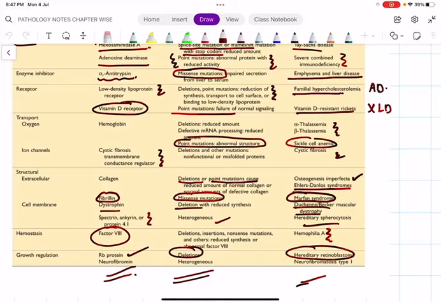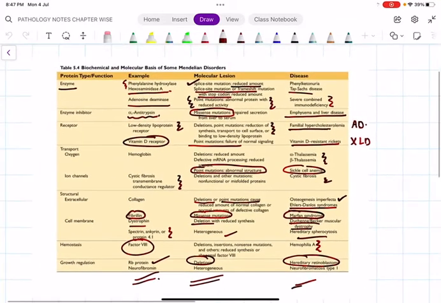So at last, the summary of this table, what I want to tell you all is that if you understand the basic mechanism, for example, if someone is asking in vitamin D resistant rickets what is actually the problem, there will be point mutation of the vitamin D receptor. In sickle cell anemia, point mutation.